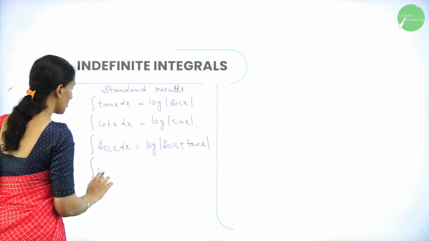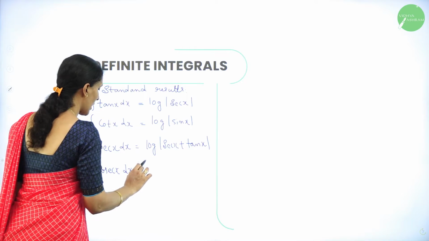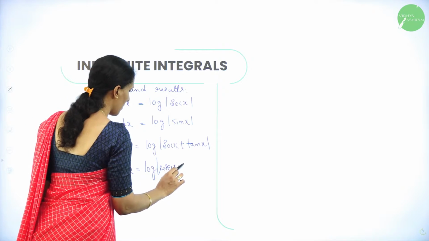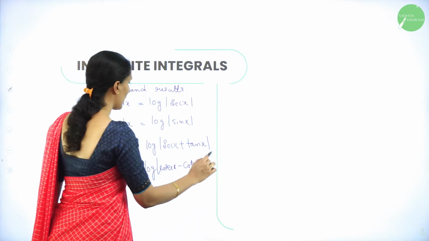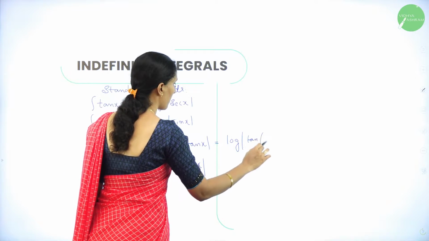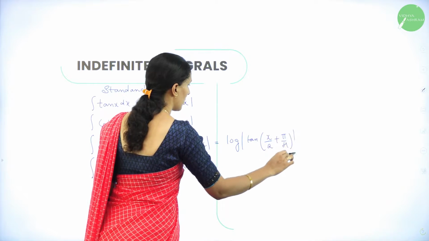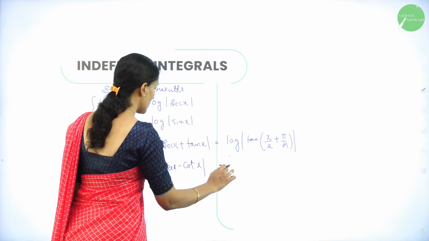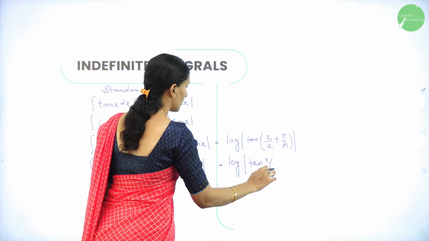Next, integration of cosecant x dx can be written as log of cosecant x minus cot x. This can also be written as log of tan of x by 2 plus pi by 4. And this integration of cosecant can also be written as log of tan x by 2.